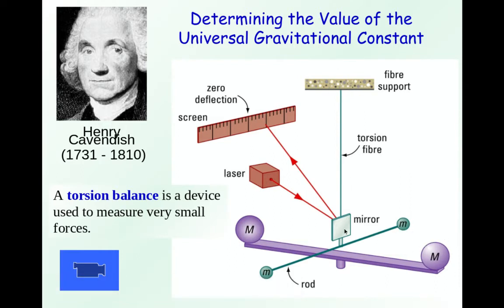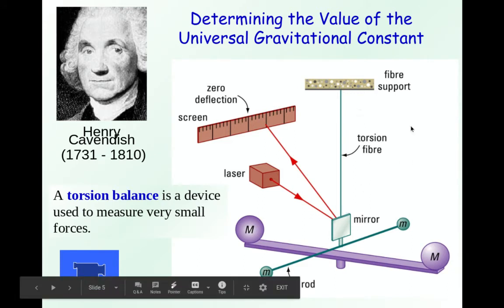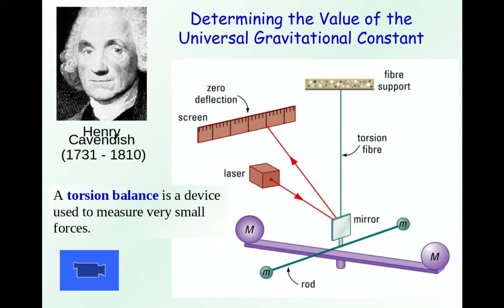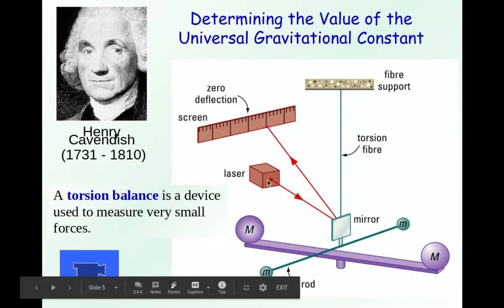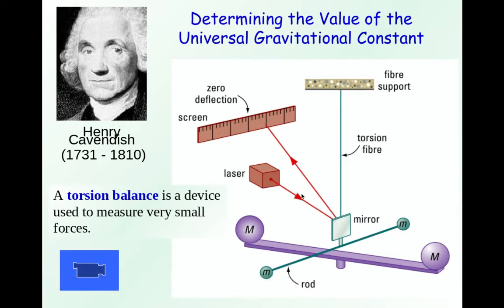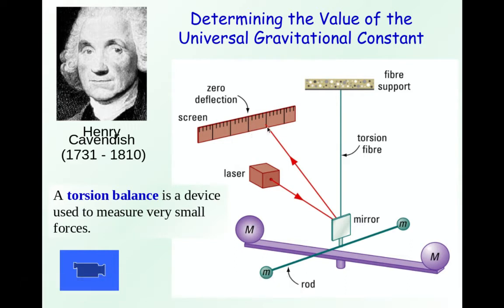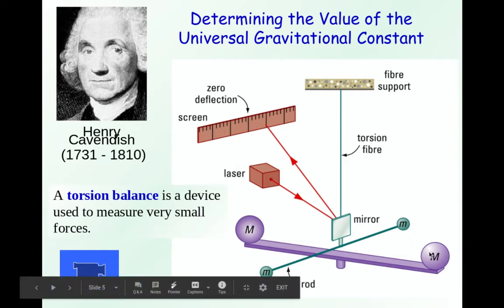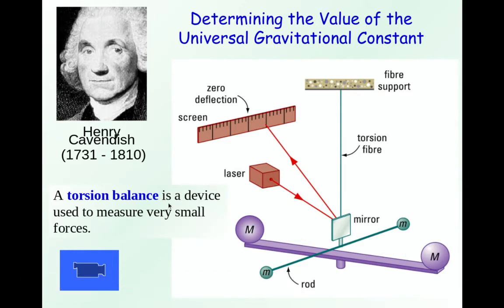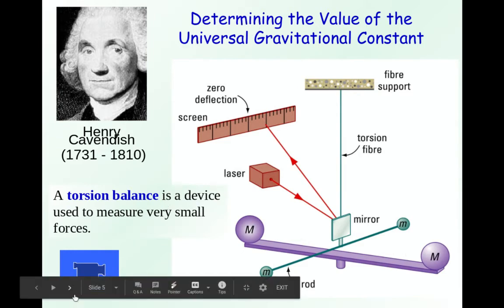Okay, this is our torsion fiber, so it can torque, which means to twist just a small amount. Okay, we have a mirror here, a laser, and then some sort of screen to show the deflection. Okay, and so by knowing how far our deflection point is and what these two masses are, we can use that to then discover our gravitational constant.